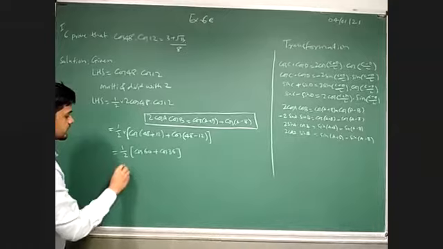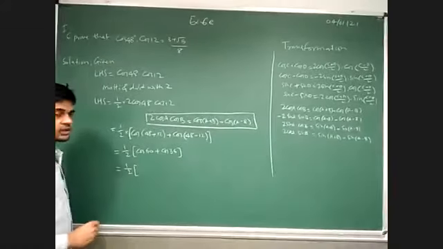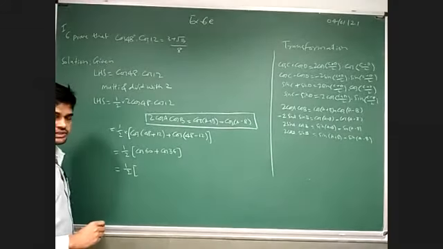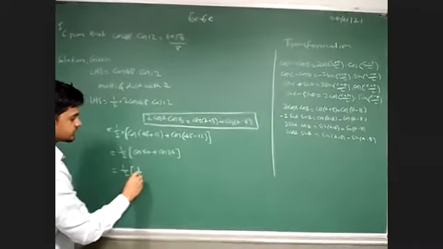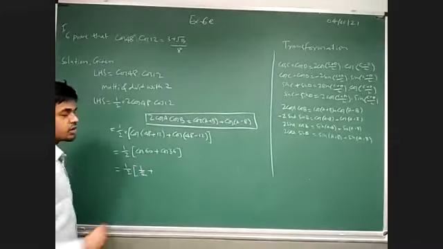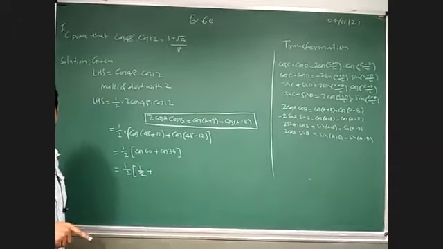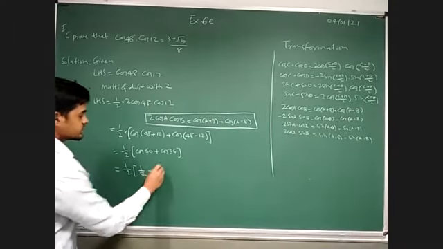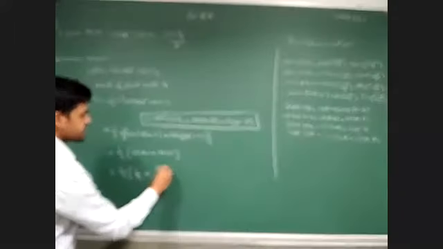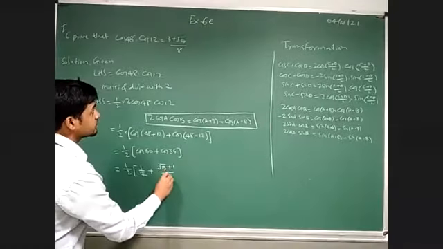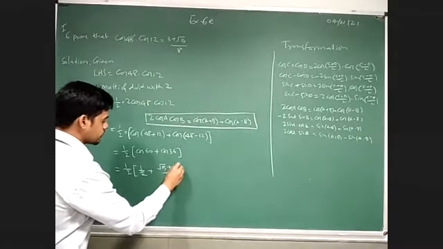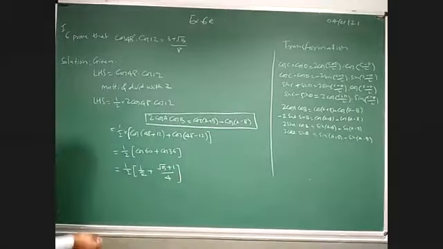I know cos 60 is nothing but 1 by 2, and cos 36 that we have learnt in multiple angle formulas is (root 5 plus 1) by 4. Now just simplify them.